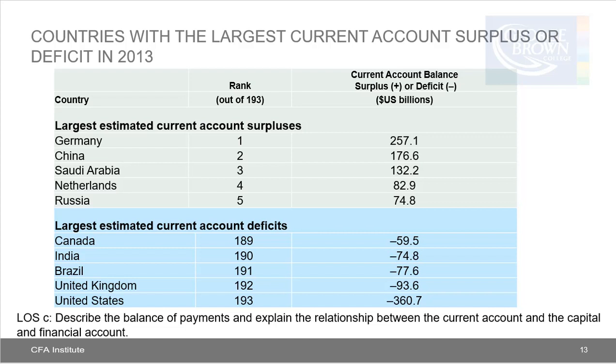The countries with large current account deficits are consuming and investing more than they are receiving. That's the case for the United States, United Kingdom, Brazil, India, and Canada, as listed in the table. Thus, these countries need to borrow money from other countries.